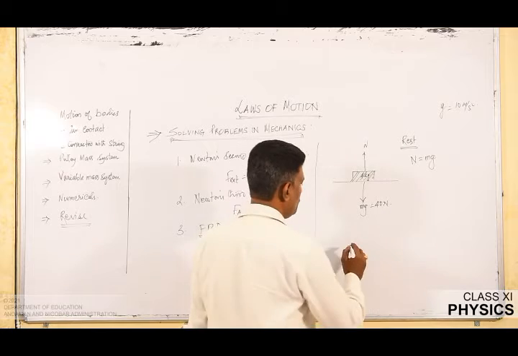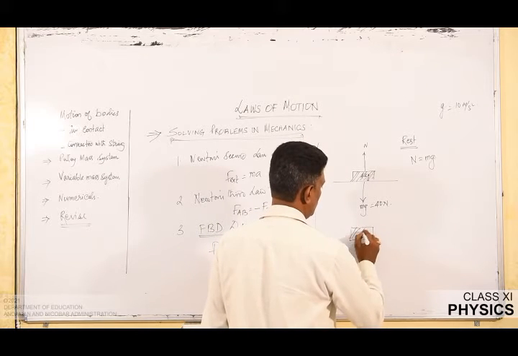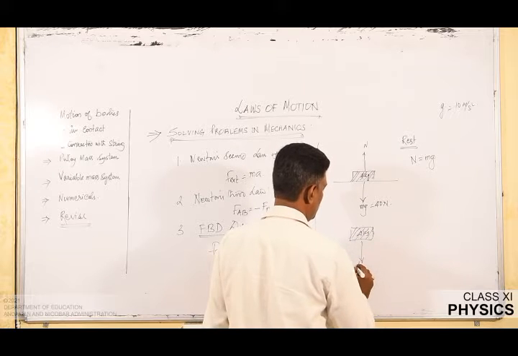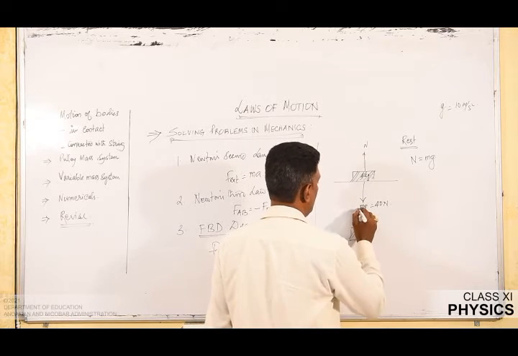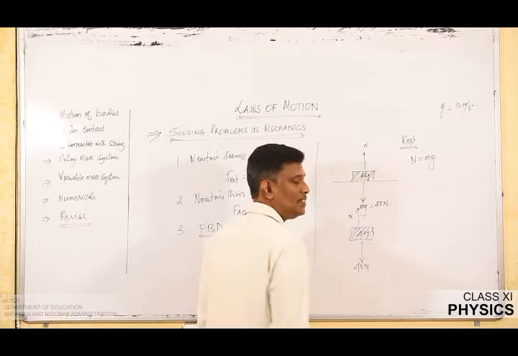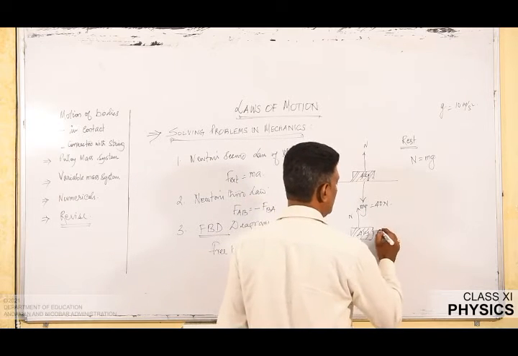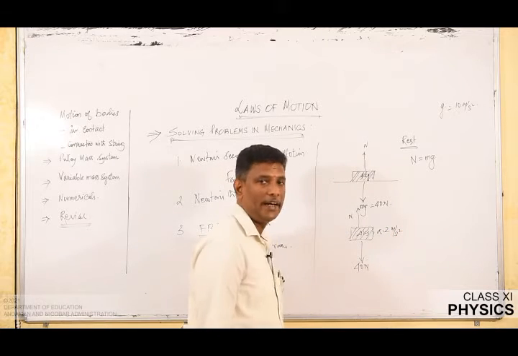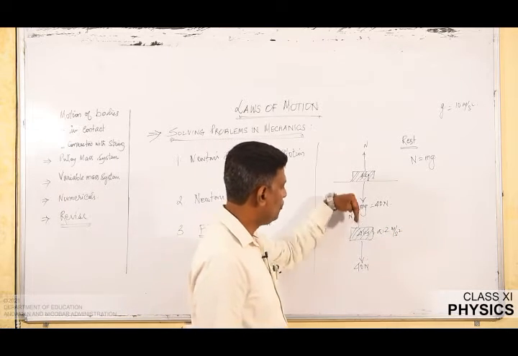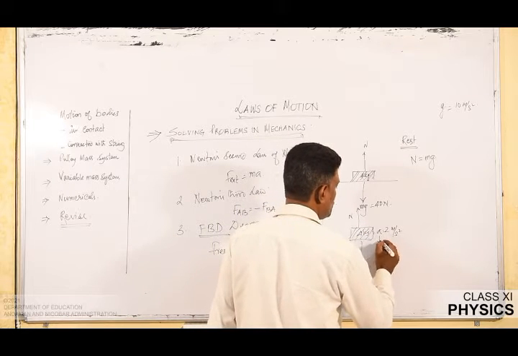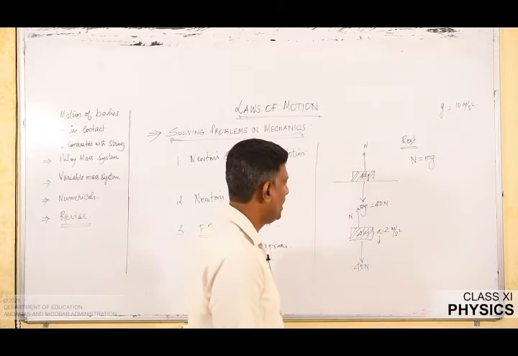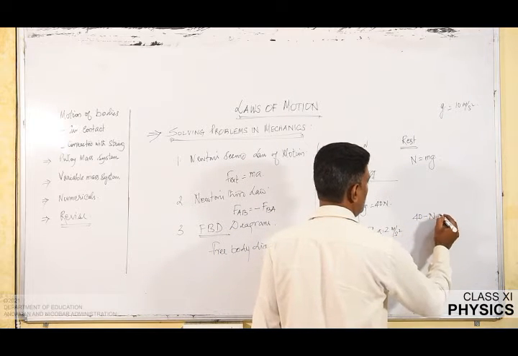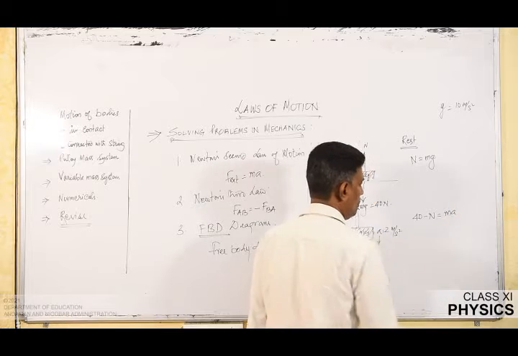Consider another similar case, the same 4 kg block is there, downward is 40 Newton, upward normal reaction is there. Say it is moving with acceleration 2 meter per second square. So it is moving downward, so a is downward, we can write 40 minus N is equal to ma.